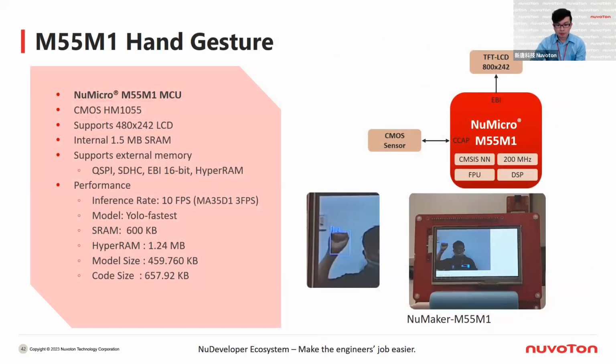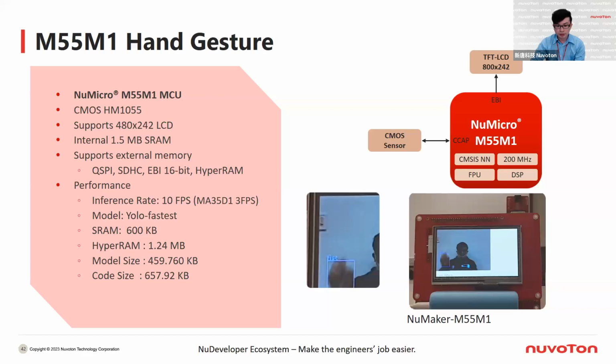In this slide, we have a hand gesture example developed using the M55 MCU. As shown in the video on the right, hand gestures such as call, fist, like, mute, OK, one, palm, and peace can be detected in real time. A CMOS camera is used for input, and the results are displayed on the 4-inch TFT LCD.